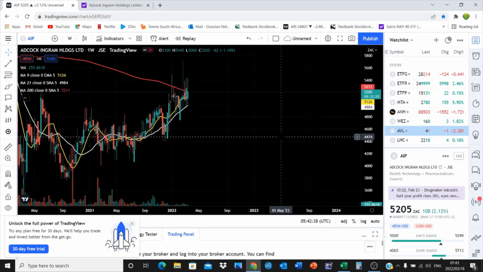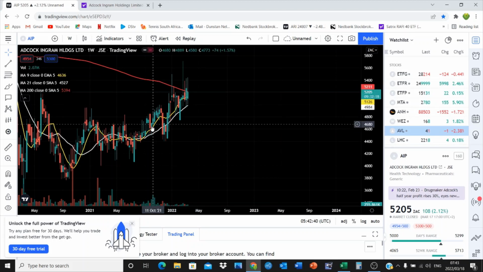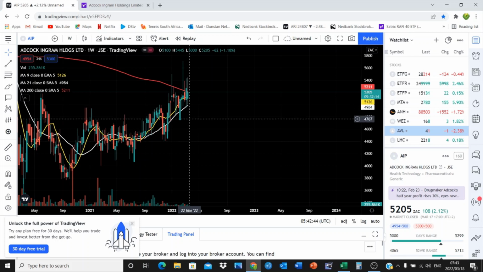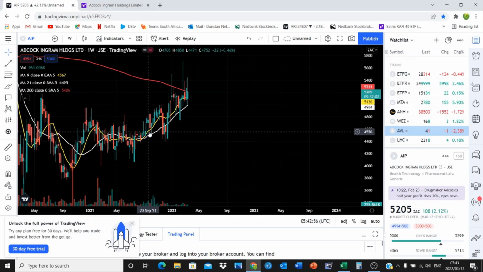That is the yellow line that I have over here. Then I use a 21-period simple moving average, which is just an average of the last 21 periods. And this gives me a slower indicator. What I'm looking for is crossovers between the 9 EMA and the 21 MA.